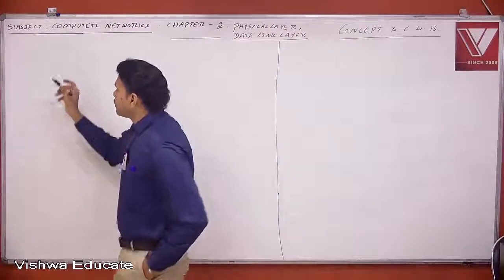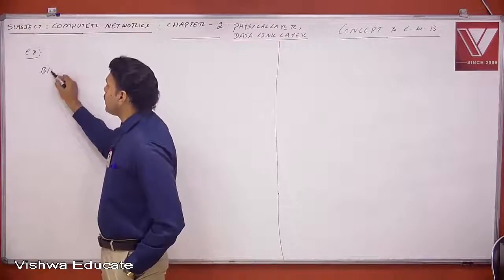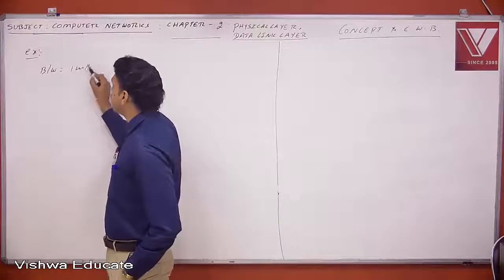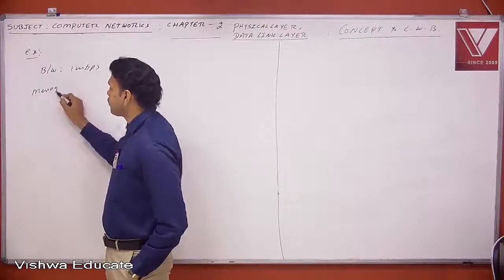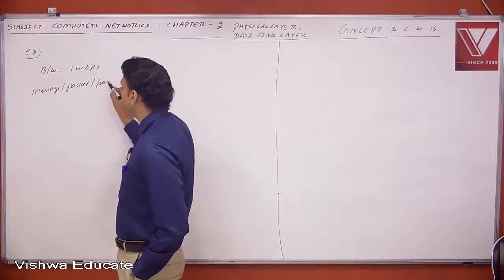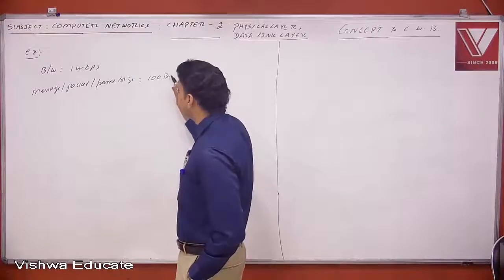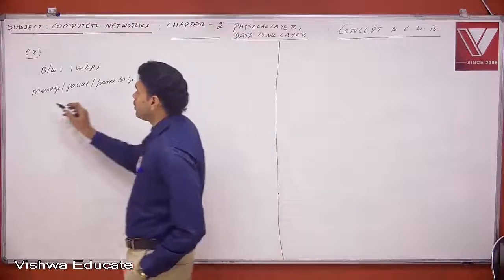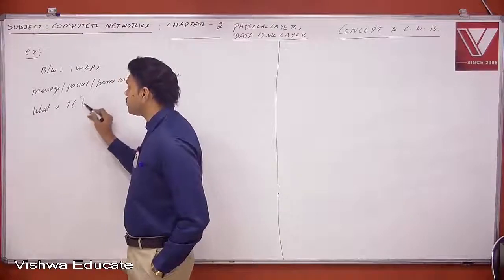Have a look at this. For example, bandwidth is equal to 1 Mbps and the message, packet or frame size is equal to 100 bytes. He is asking what is the transmission time.